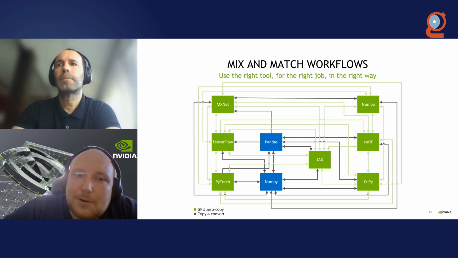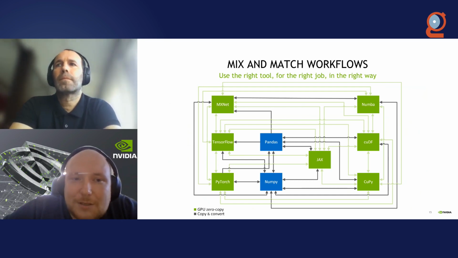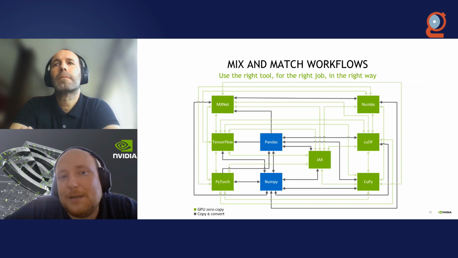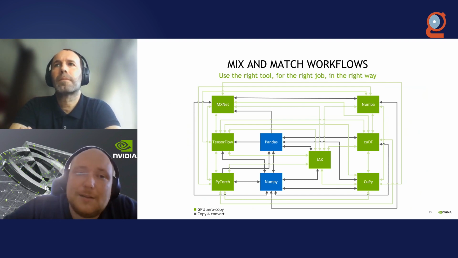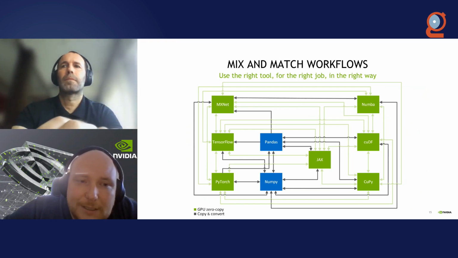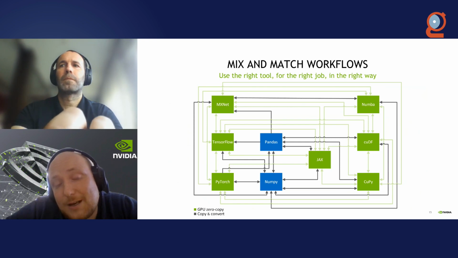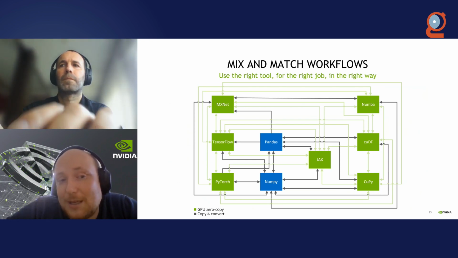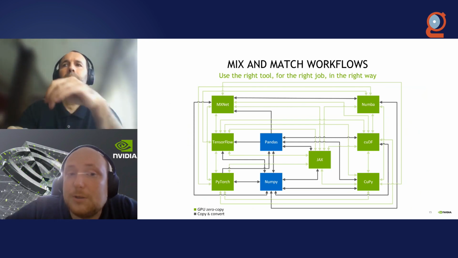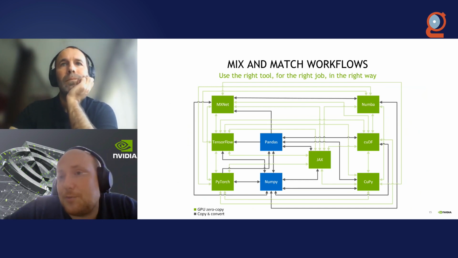Whenever you have a black edge, it means that potentially there might be a full copy involved, that we cannot just pass a pointer, or between a blue and a green node, that these frameworks live actually on different architectures like a CPU and a GPU, and therefore copying data in between them would involve slow PCI Express transfers.